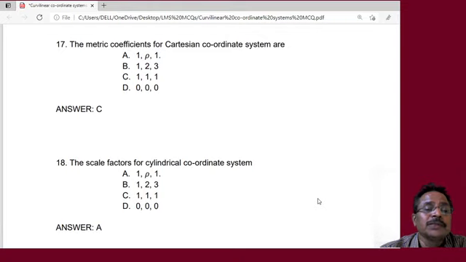Now question number 17, the metric coefficients for the Cartesian coordinate system. That is what we have just now seen. The metric coefficient G11 is given by ∂r̄/∂r1 multiplied by ∂r̄/∂r1 again, but here r1 is nothing but x, r2 is equal to y, and r3 is equal to z.